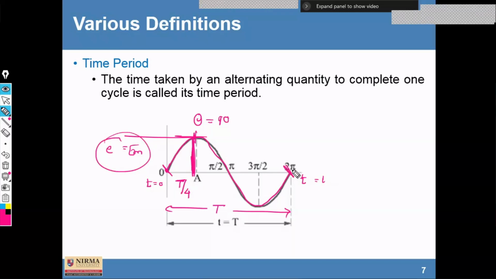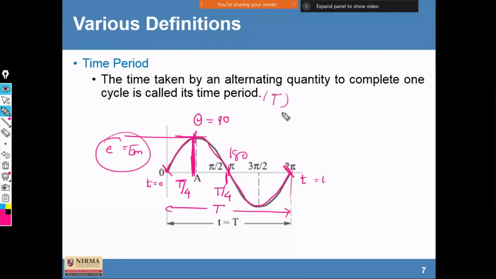So this is total time T. At 180 degrees, the time taken is T by 2. So capital T represents time period here. And time period is nothing but the time taken to complete one cycle. Any doubt? No, sir. Fine. So we have discussed one cycle, another is time period.